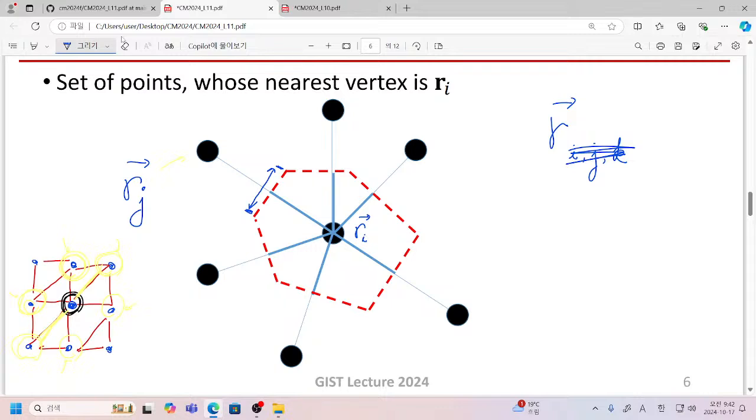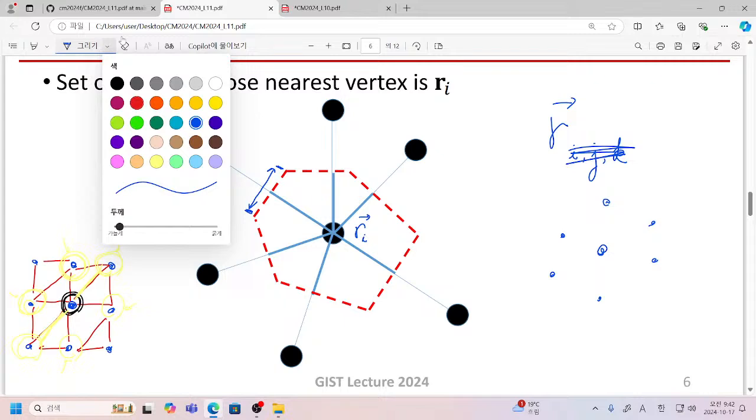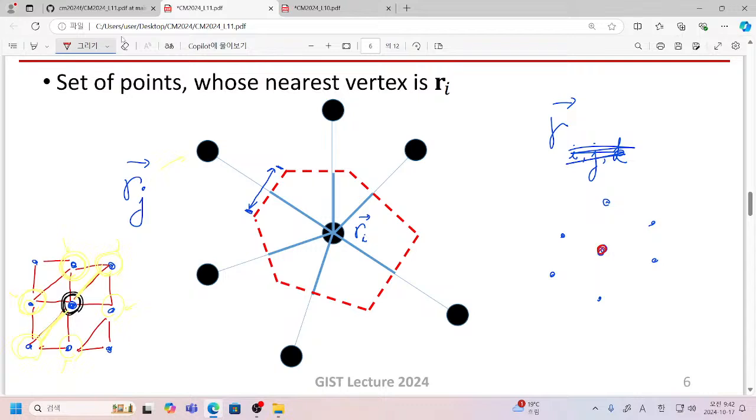Now you have several points in your three-dimensional space. For your simple understanding, I will just draw regularly placed points. Let's say that this is our r sub i, and now we have points along the x direction, z direction, and y direction. Then, of course, if I ask you once again the distance between this point and this point, it is quite easy to calculate.